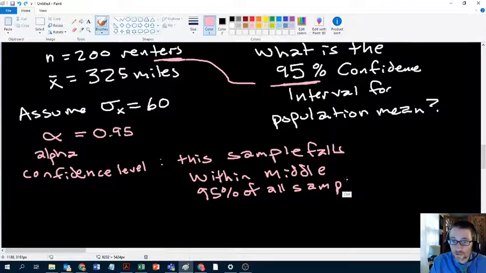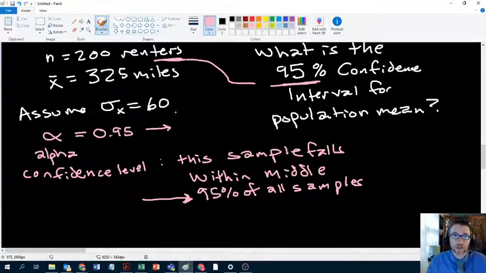Now, could that assumption be false? Absolutely. In fact, we know that it will be false 5% of the time, right? So there's a 1 out of 20 chance that any given confidence interval calculation at this confidence level is going to be wrong. And there's a trade-off. We could change alpha. We could make alpha more expansive, 99%, in which case there's only a 1% chance we're wrong. But then the bounds of our confidence interval will be less restrictive.